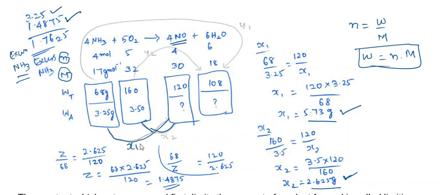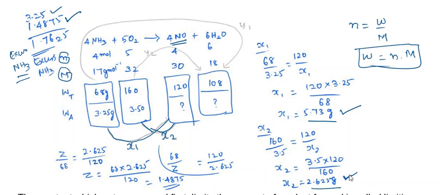So in both the cases, we get the value of NO as x1, here as x2. So when we do this calculation, mass ratio means the ratios should be constant. They are equal. So based on that we work out, and x1, x2 are compared for NO. On comparing, we get x1 5.73 gram, x2 2.625.